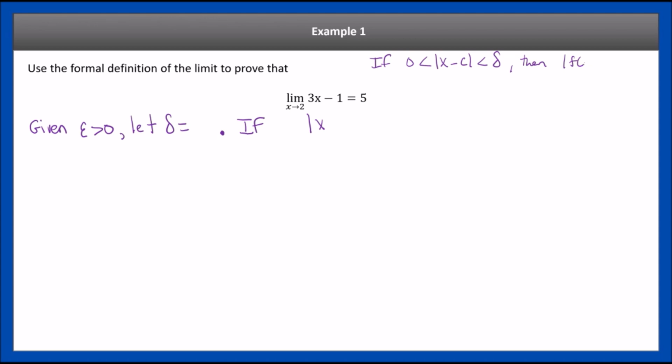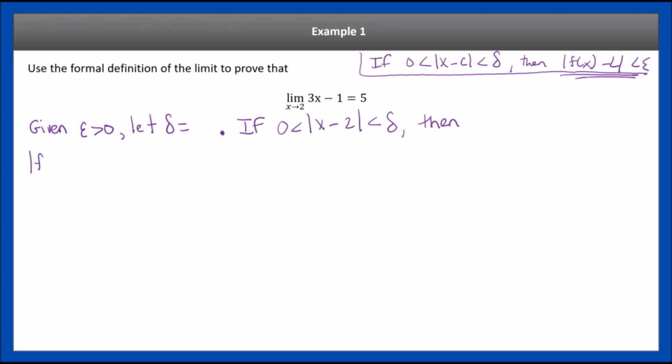So if this, then this guy. That's what we want to show. So now we're going to say if the absolute value of x minus 2 is between 0 and delta, then we want to show this.